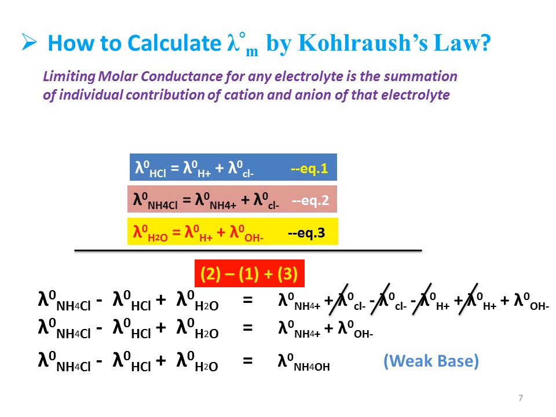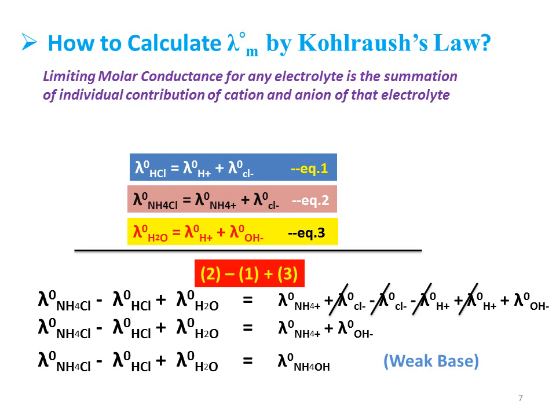Dear students, it is our slide number 7 about Kohlrausch's law, how to calculate lambda naught m, the symbol for molar conductance at zero concentration, by Kohlrausch's law. One thing you should note is that the limiting molar conductance for any electrolyte is the summation of the individual contributions of the cations and anions of that electrolyte.